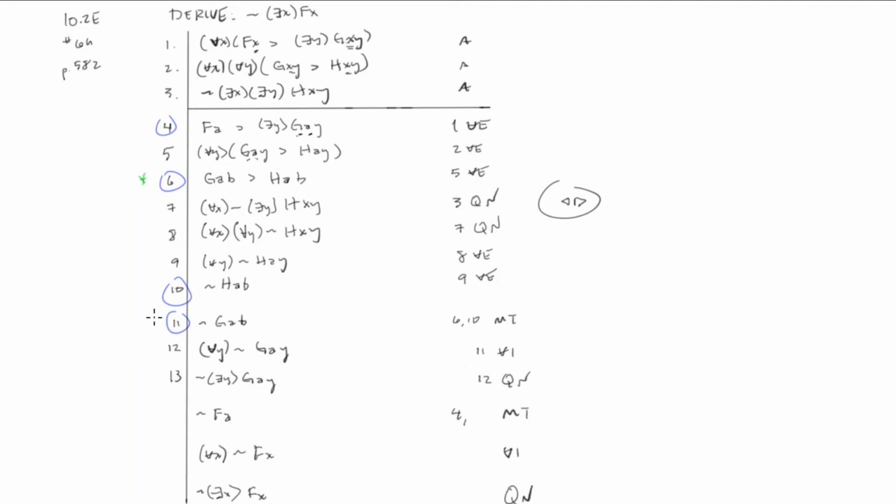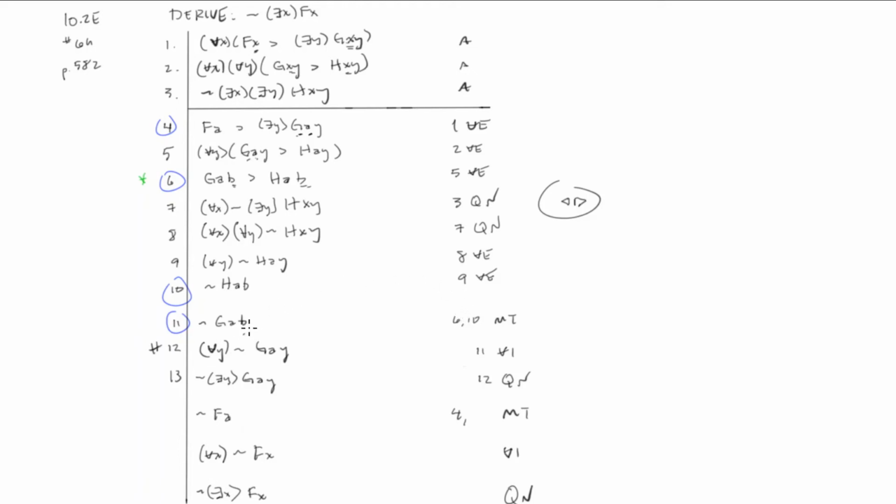Now at this point, right here, I want to pause and reflect on the wisdom of choosing the name B up there on line 6. Because that choice gave us tilde GAB on line 11, right? That GAB part comes from line 6. It's the negation of the antecedent of the conditional on line 6.